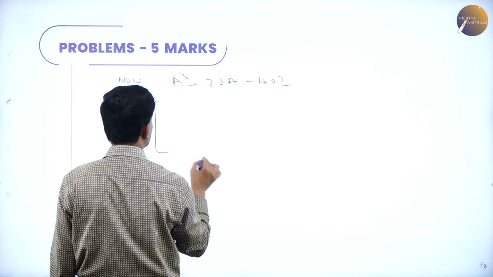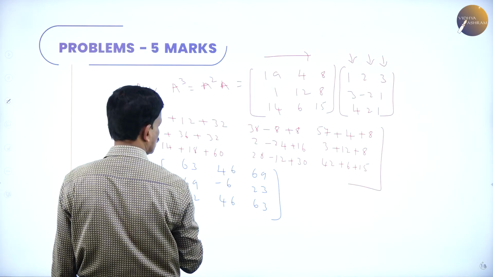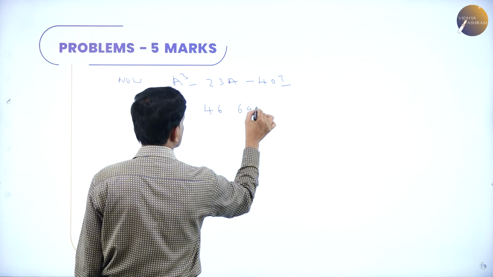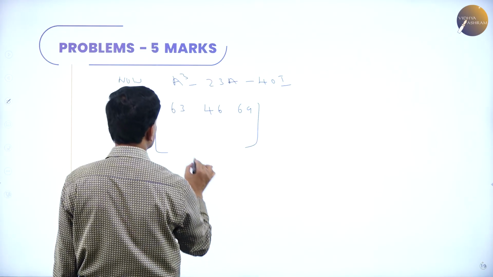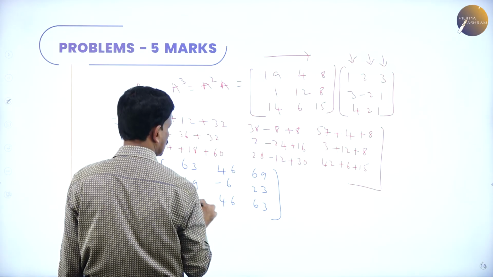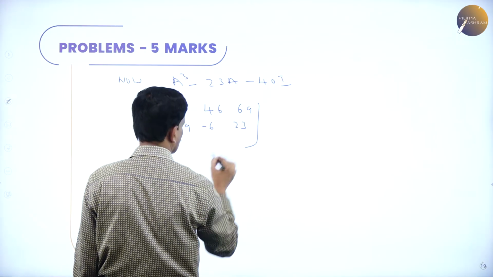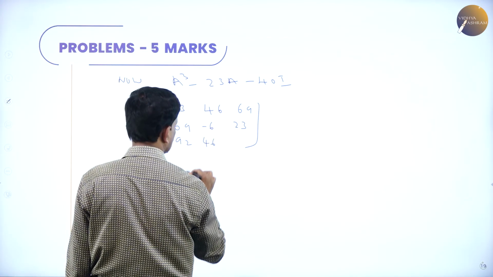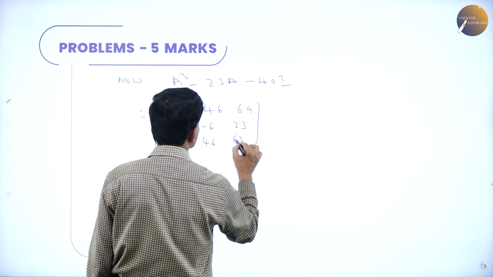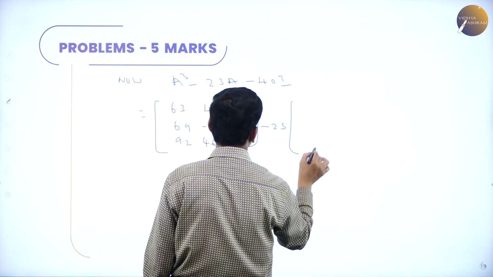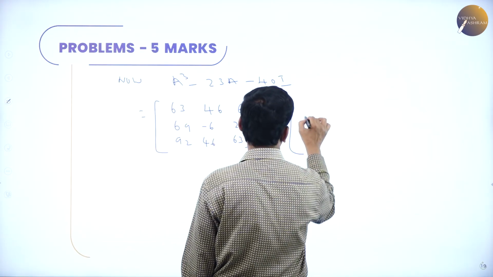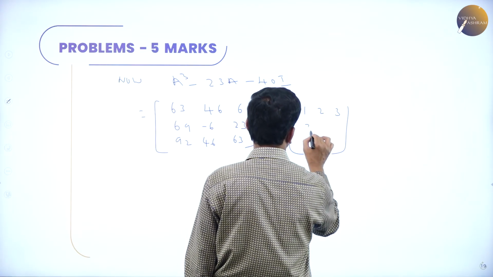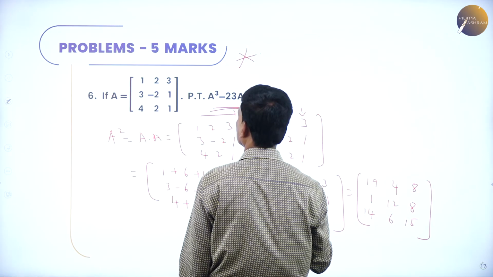What is it? 63, 46, 69, then 69, minus 6, 23, then 92, 46, 63. Minus 23 times A: 1, 2, 3, then 3, minus 2, 1, then 4, 2, 1.